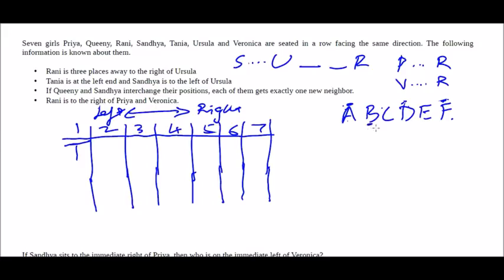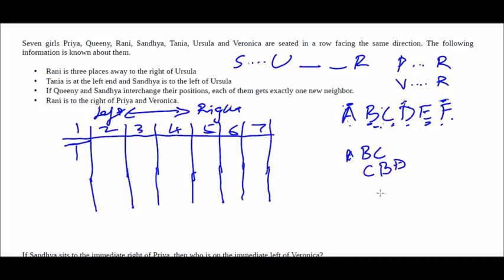Now if I interchange somebody like B and E, old neighbors of B are A and C, new neighbors of B will be D and F. That is not possible. If I interchange B and C, old neighbors of B will be C and A. New neighbors of B will be C and D. Only 1 new neighbor. Similarly C will also have only 1 new neighbor.